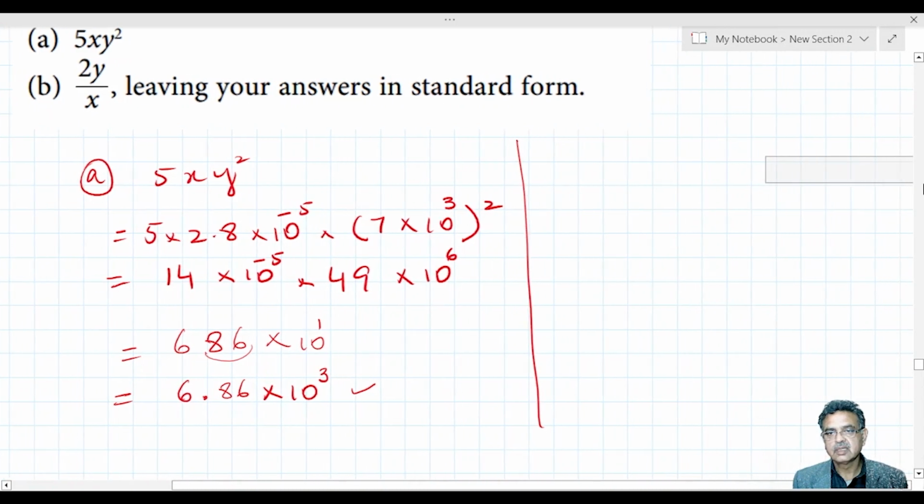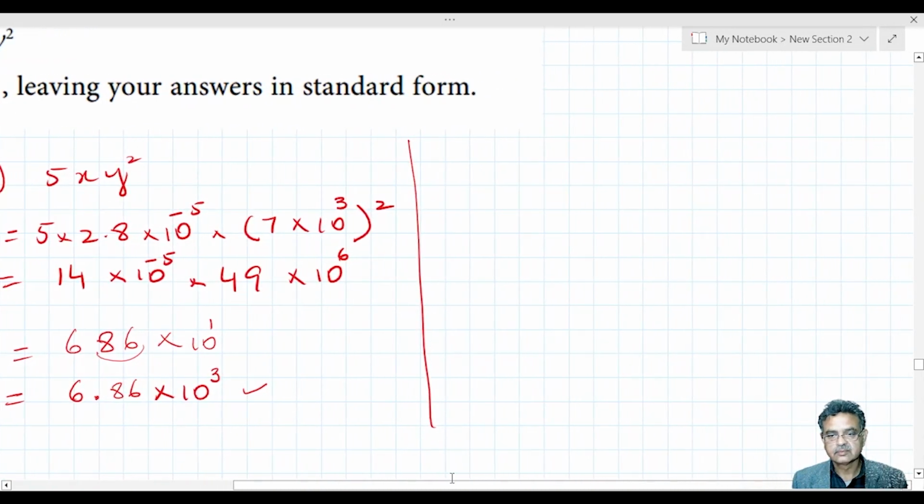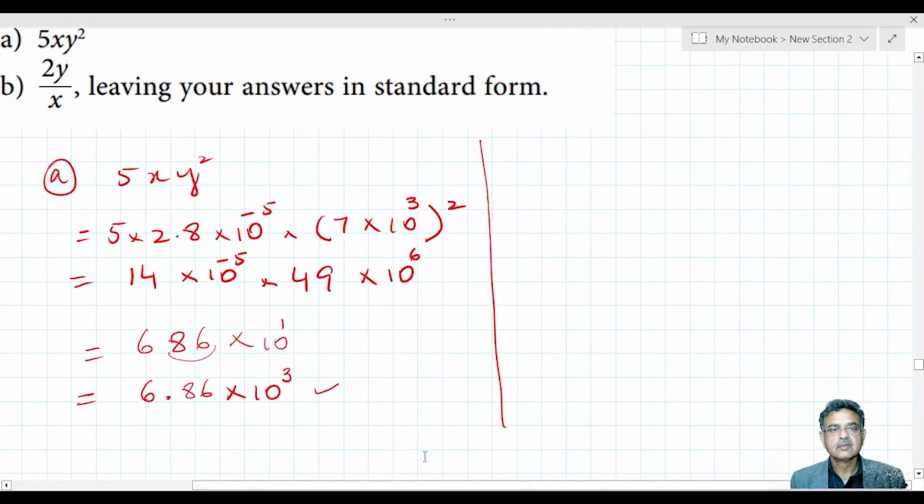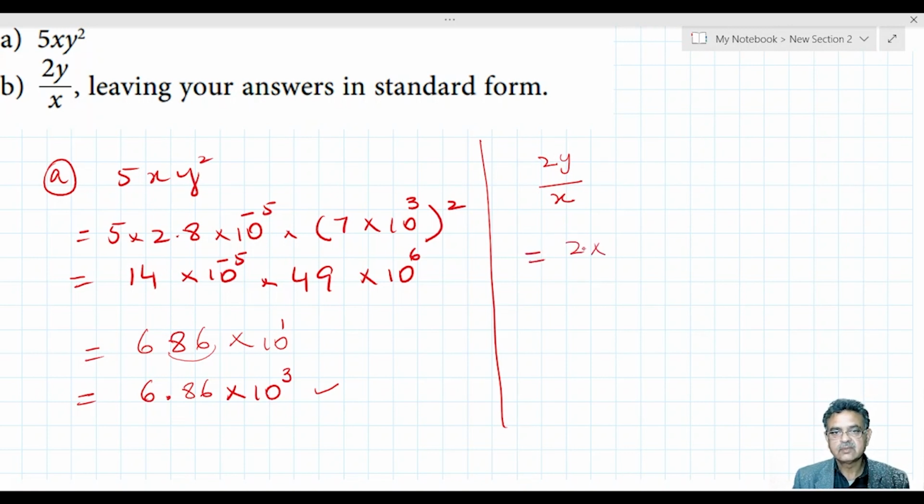Part B now. 2y over x. Then it will be 2 times the value of y. This is the value of y, 7 into 10 power 3 divided by x.